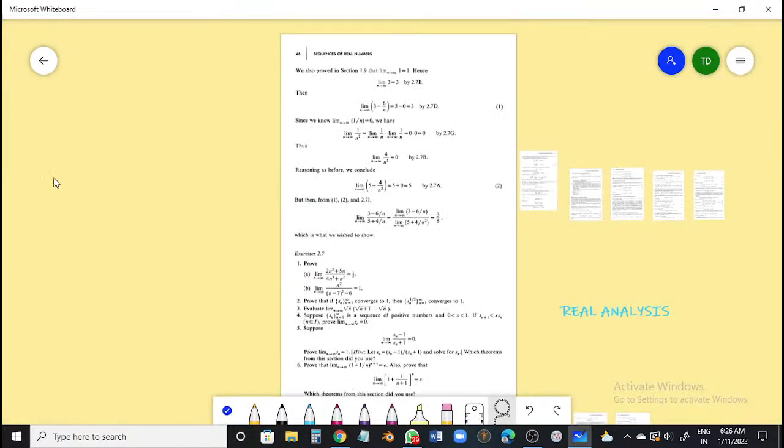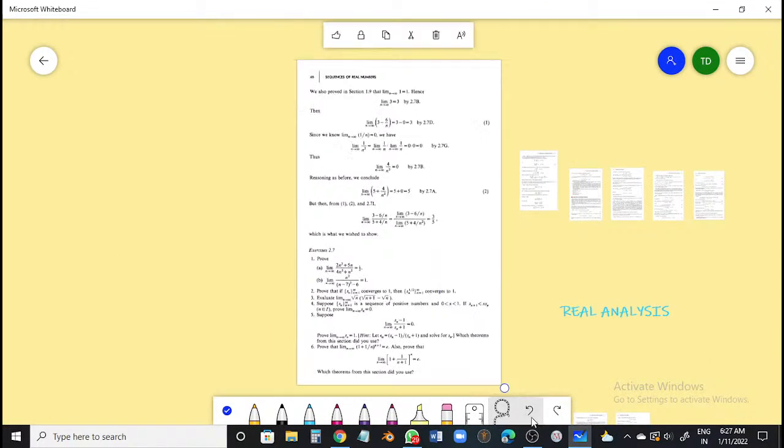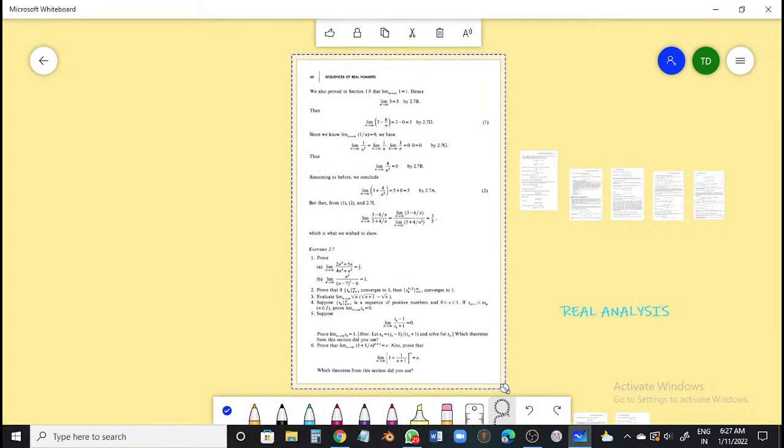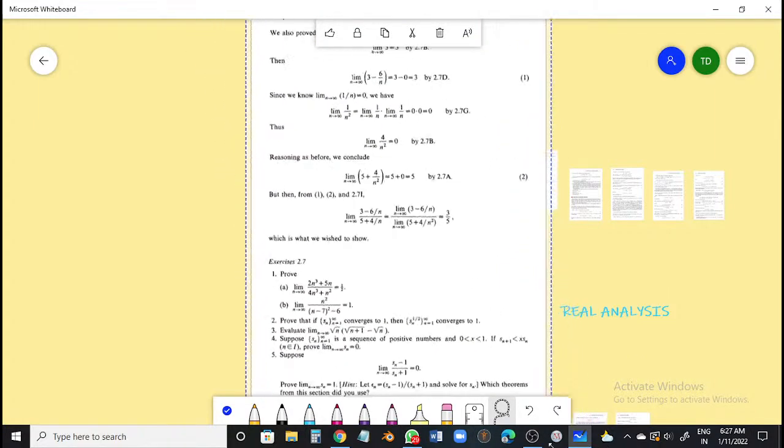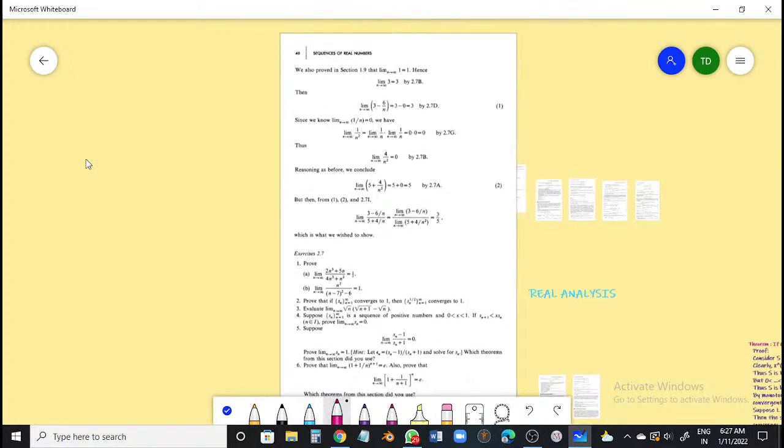You can observe, let us read it aloud. What is going to happen?